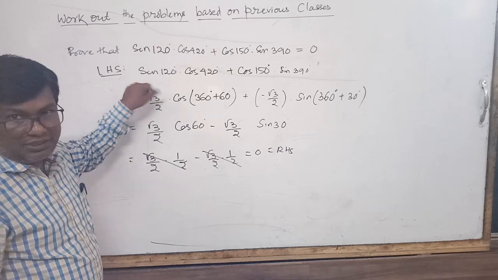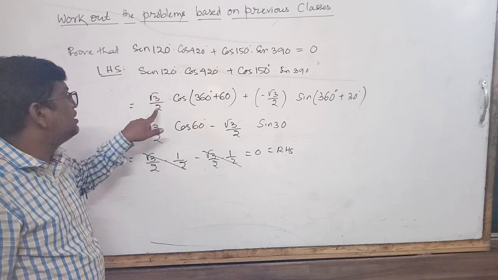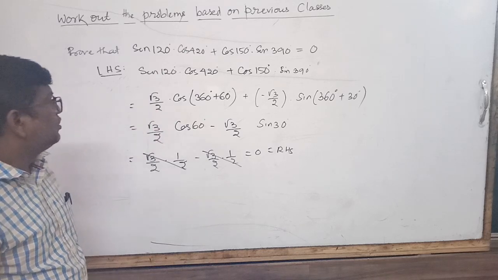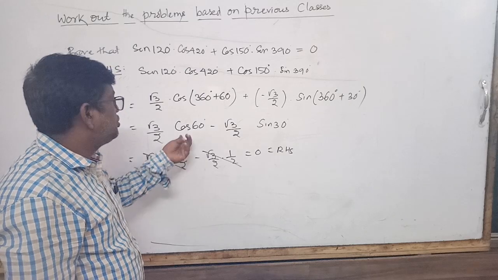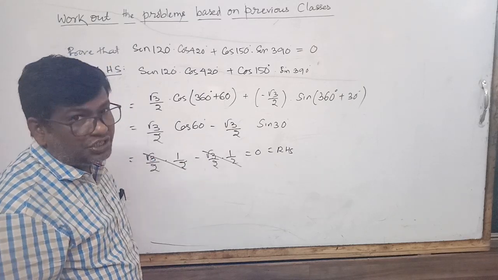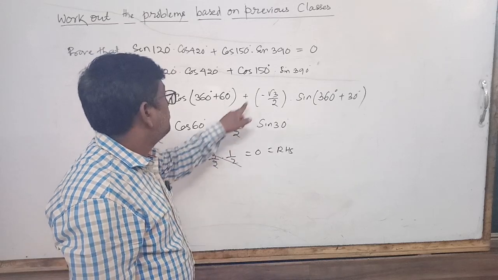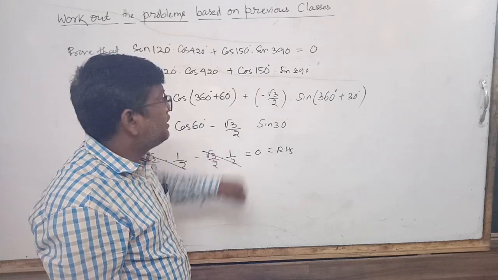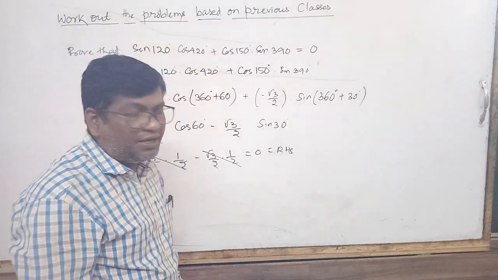First write the left side. The value of sin 120 degree is root 3 by 2. And cos 360 degree plus 60 means cos 60. What is the value of cos 60? Half. And cos 150 degree is minus root 3 by 2.